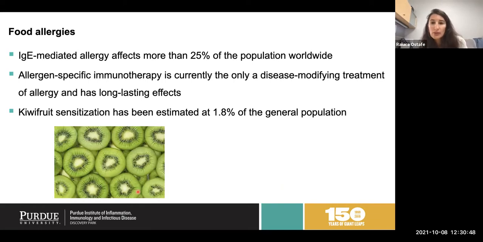One of the projects that I was working on was in collaboration with a university from Serbia. They were interested in kiwi fruit sensitization, and I was not aware that there are so many people that have an allergic reaction to kiwi fruit, but apparently 1.8% of the population shows sensitivity to this.